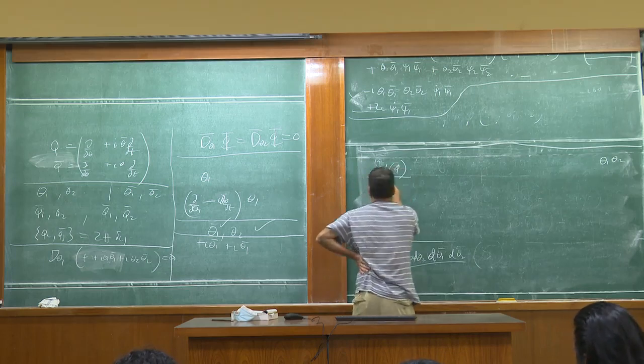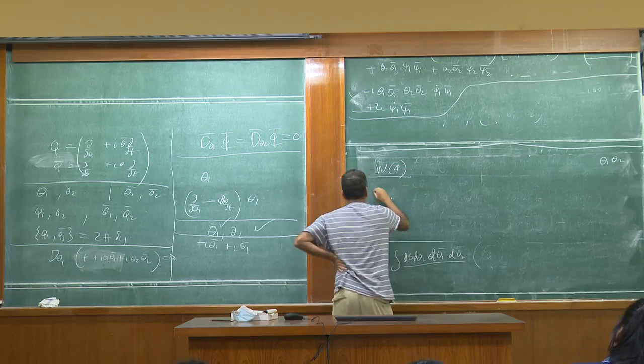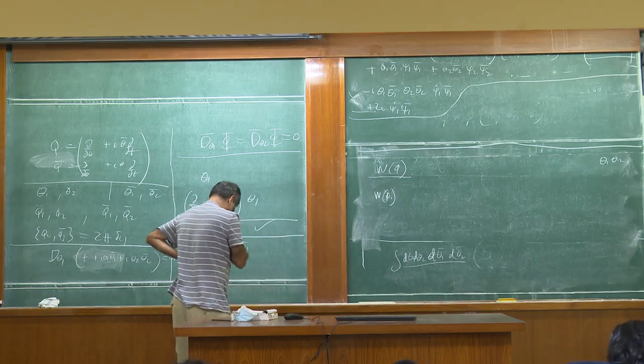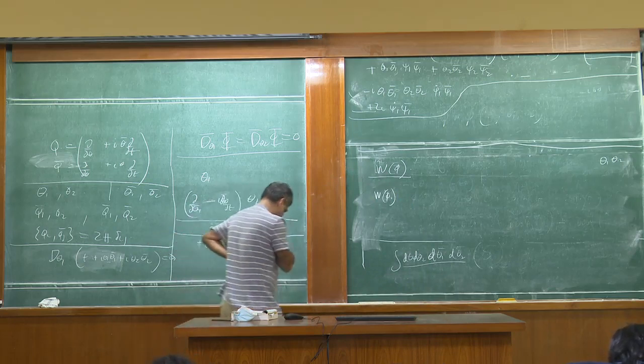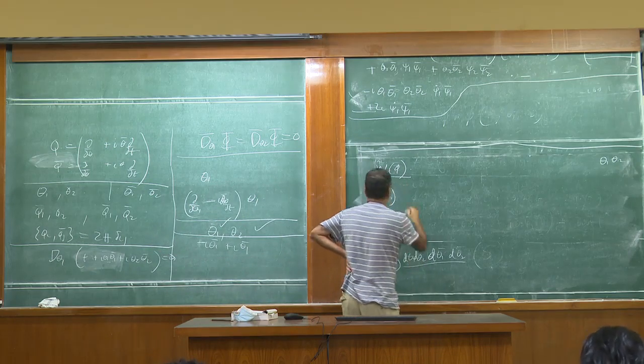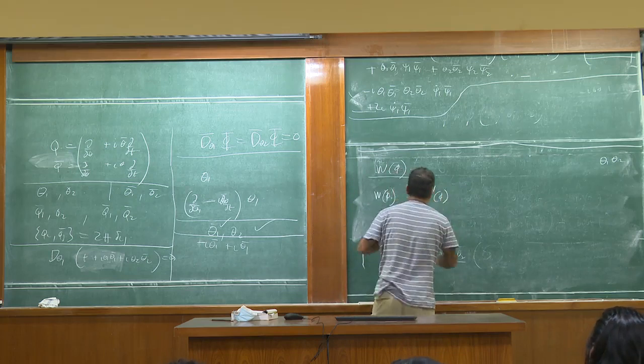So we get W, so that's W of phi, plus W prime of phi.